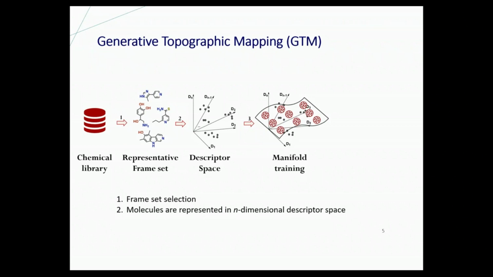We just focus on some, like drug-like compounds or fragment-like compounds, or PPI, protein-protein interface like compounds, and so on, whatever. Then we need to fix this subspace by selecting a representative frame set. The frame set is here just to fix the space.